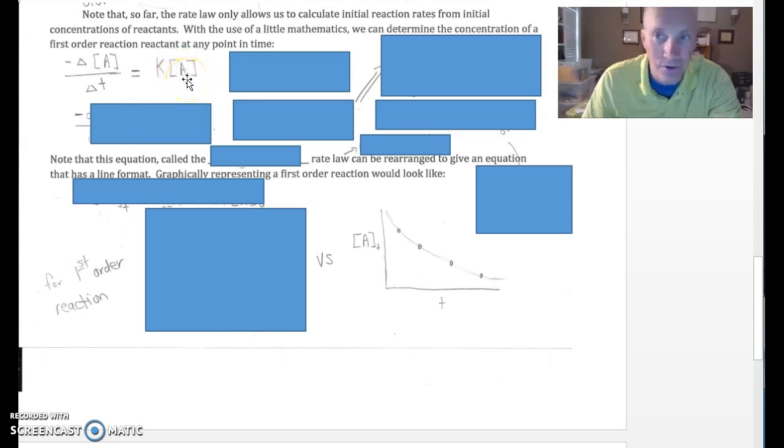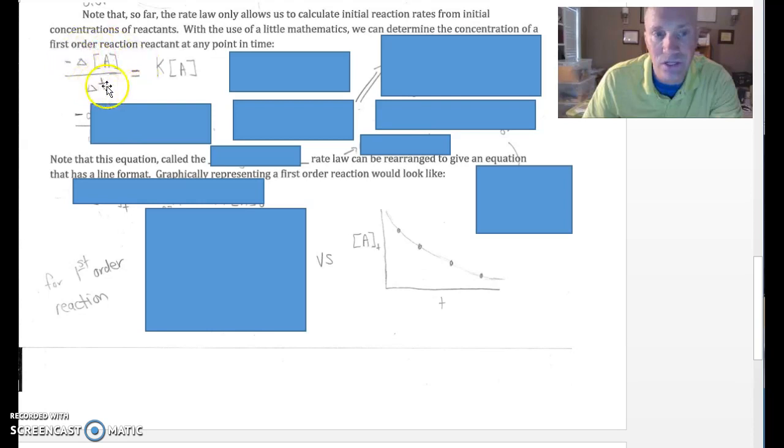It can be first order, second order. But this is the part where we say that the rate is equal to some constant times whatever that initial concentration is, so that's the k[A]. And since these rates are going to be the same, we can relate them to each other. So remember what this part right here says. This is not an instantaneous rate.